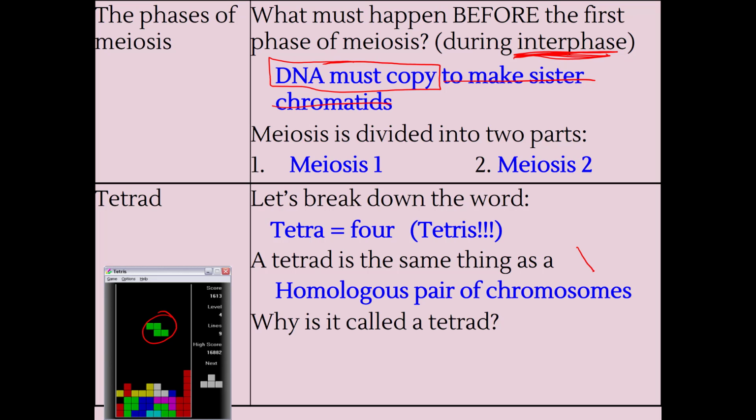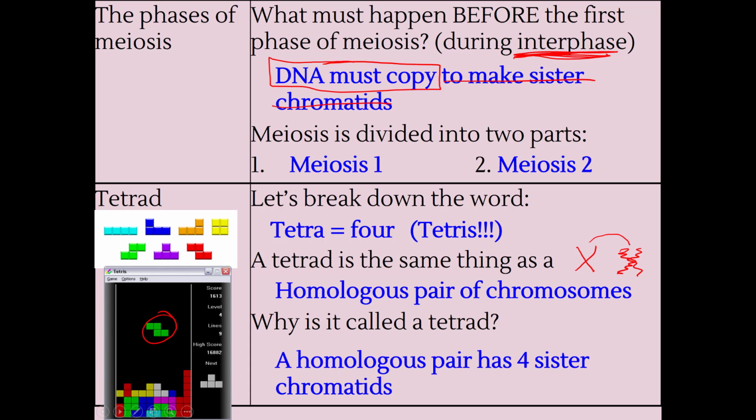So we have a pair from dad and a pair from mom, our 2 X's. So again, they are similar, but they're a little bit different. So it's called a tetrad because a homologous pair has 4 sister chromatids. Here we have 1, 2, 3, 4. Okay, and again, Tetris because they have these 4 blocks in each one of those shapes.